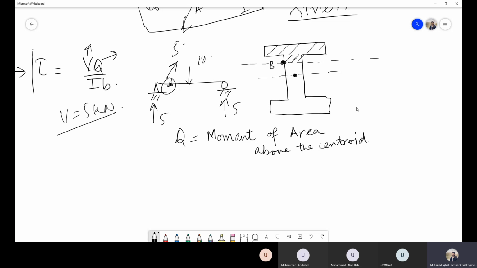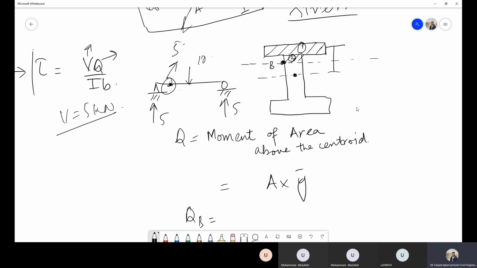So what is the moment of area? If this is the area, let's call this small rectangle 1 and this one 2. Then Q is equal to area multiplied by the distance of the centroid of this area to the centroid of the whole body. So if I want to calculate the stresses at B, I have to calculate QB. What will be QB?